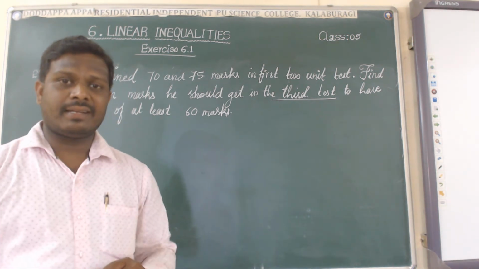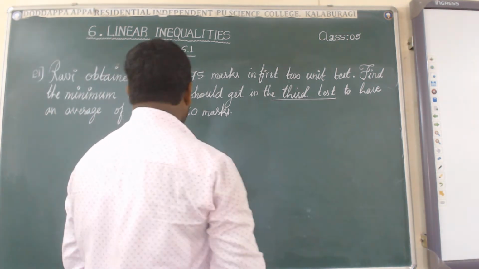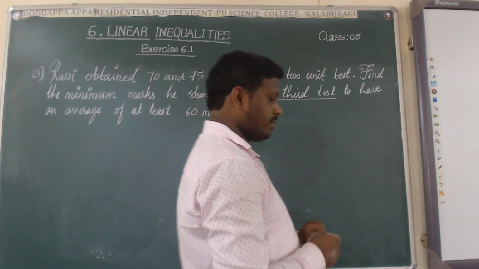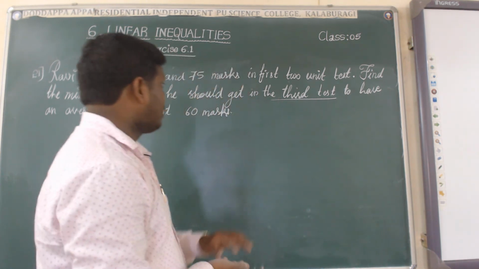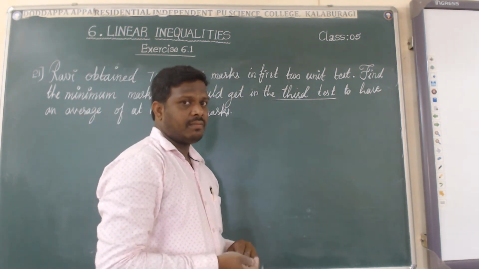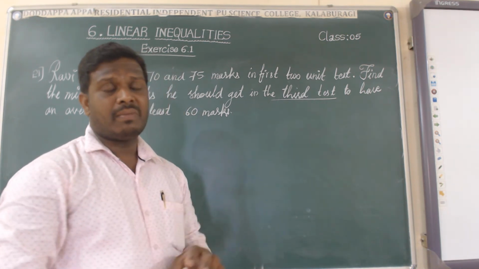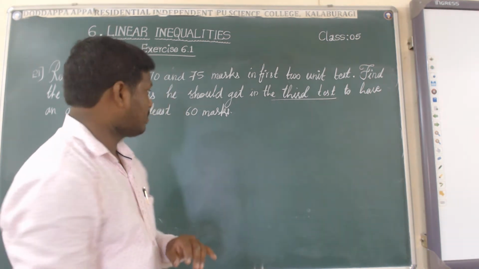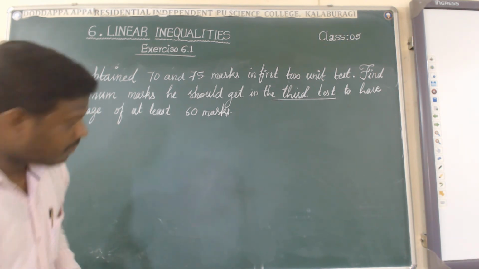We have to consider that as x marks. Let x be the marks obtained by Ravi in the third test. We don't know how many marks he took in the third test, but we have to find the third test marks for getting at least a 60 marks average. Okay, now come to the solution of this one.